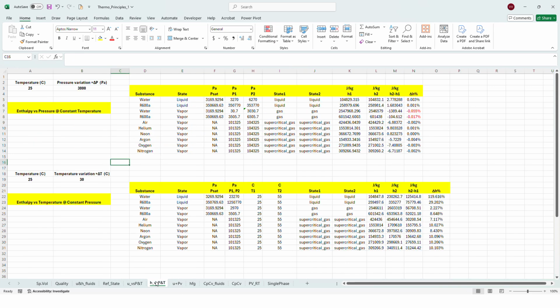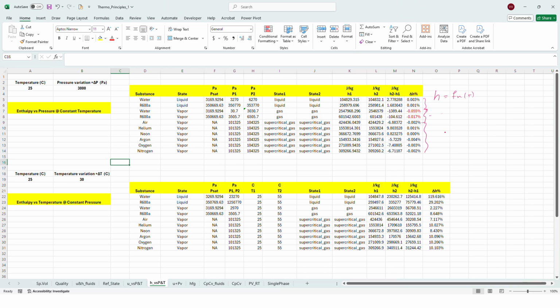The next thing to look at is the effect of temperature and pressure on enthalpy, just like we looked at those for internal energy. And you can see it's almost the same. Enthalpy is mainly a function of temperature. It does have an effect from pressure, but keeping the temperature constant and varying the pressure, you can see the change in enthalpy is negligible when you look at all these scenarios.